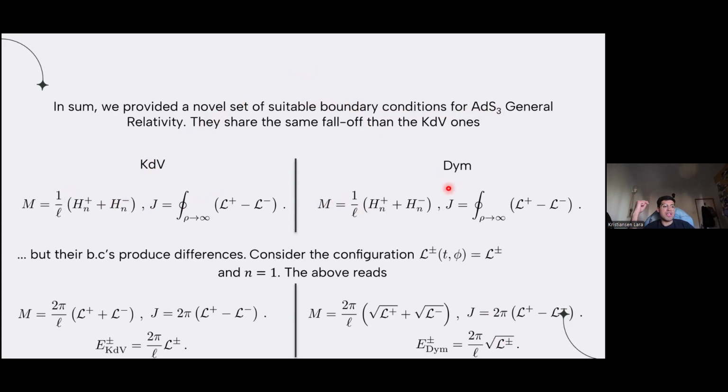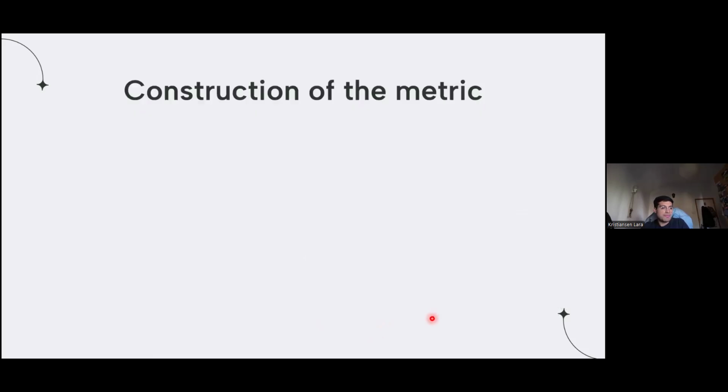You can see here that they are the same, but if you plug in the mu of Dim in contrast with the mu of KdV, then the mass will be linear in L, in contrast with the mass proportional to a square root of L. And the square root is different from the linear, in the sense that this one admits negative L's and vanishing L. Nonetheless, this one does not admit a negative L because the mass will be complex. And also you can say, okay, L will be equal to 0. It's okay. Yes, but it will have some subtleties. I'm going to show you in a moment.